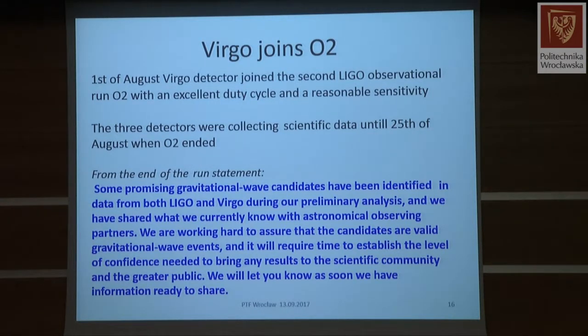And what is more important, we obtained very promising gravitational wave candidates that are now being analyzed. So perhaps next month, we should hear more about the results, which should be very exciting.